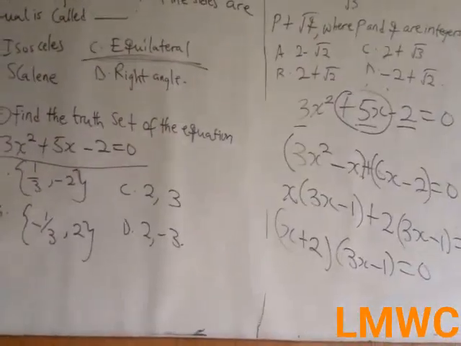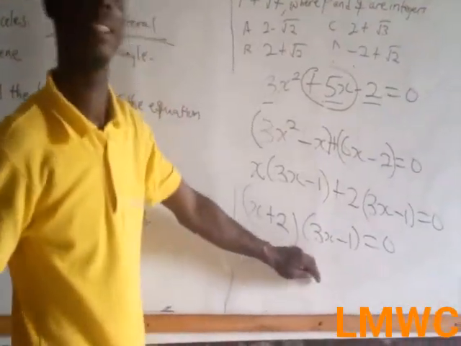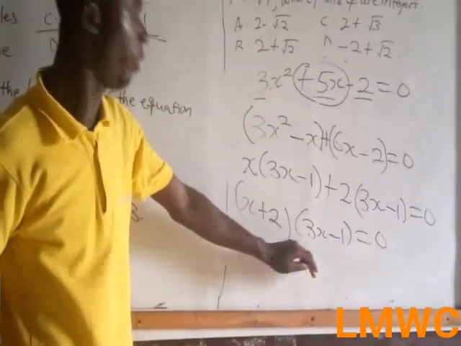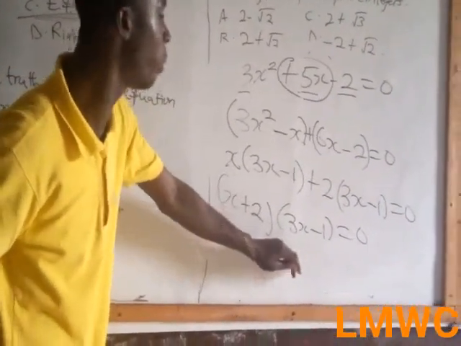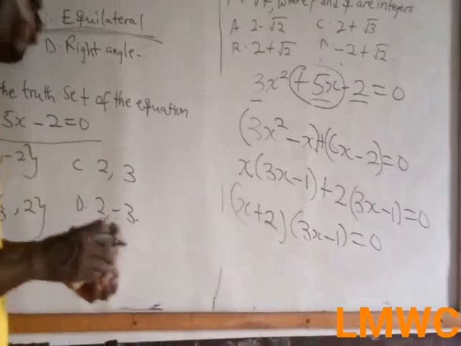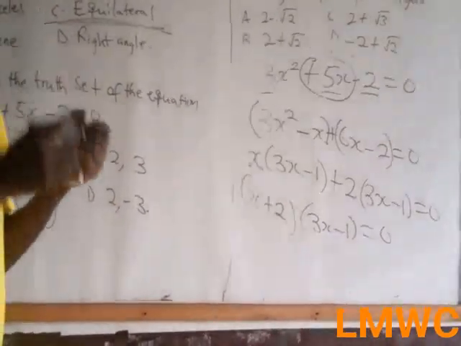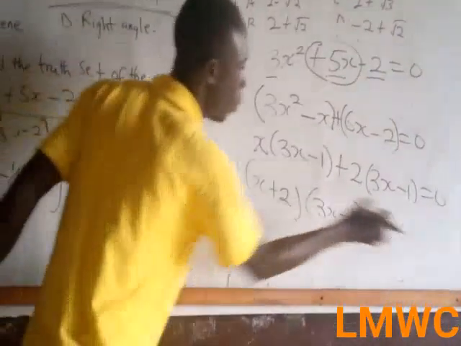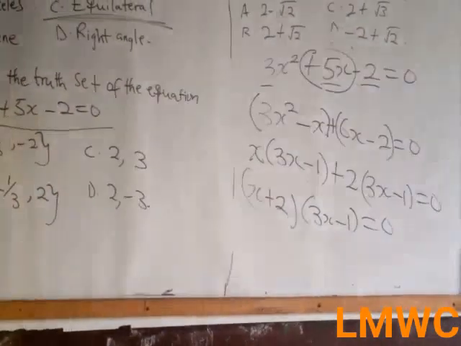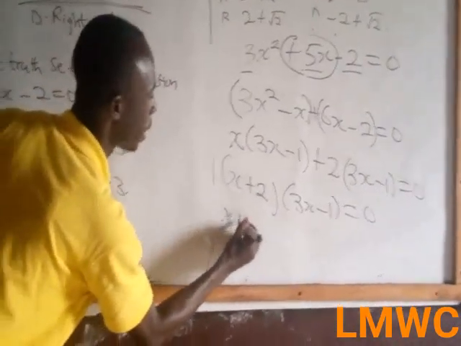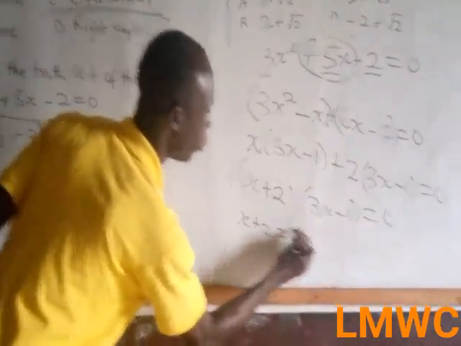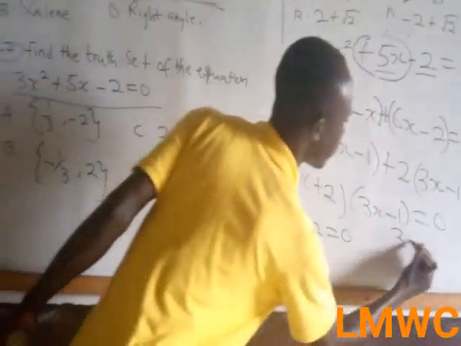But they want an answer. Even though you have solved the equation, we want an answer. And once you want to solve for your answer, you equate both brackets to 0. So it becomes x plus 2 is equal to 0 and 3x minus 1 equal to 0.